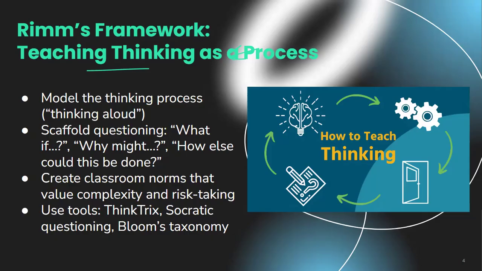Students should see mistakes as part of inquiry rather than as failure. Tools like Think Tricks, which categorizes types of thinking, comparing, analyzing, synthesizing, can help both teachers and students make thinking visible. Paired with frameworks like Bloom's taxonomy and Webb's depth of knowledge, these tools ensure instruction systematically builds depth and rigor.